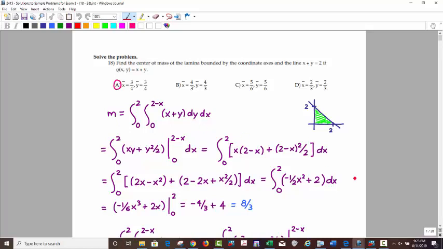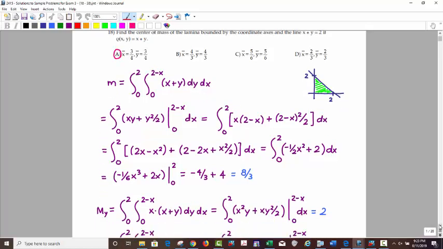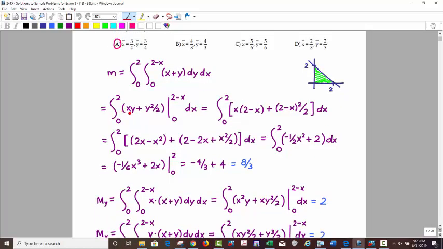So with respect to y, what's that going to give us? It's going to give us the antiderivative of xy, then plus y squared over 2. Plug in 2 minus x, plug in 0, which will have no effect. So I'll plug in 2 minus x here, and just distributed the x right there to get 2x minus x squared. Here you have to FOIL out that binomial and then divide everything by 2, which will lead to this.